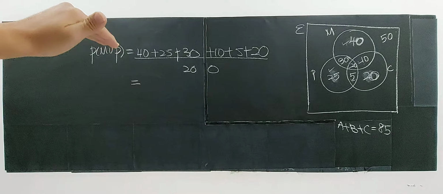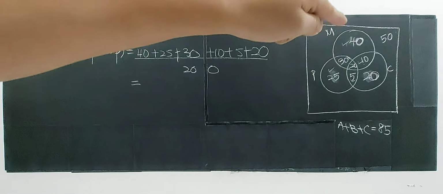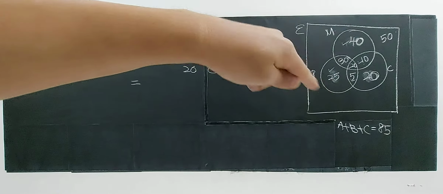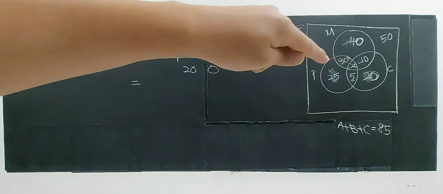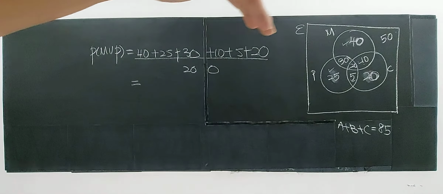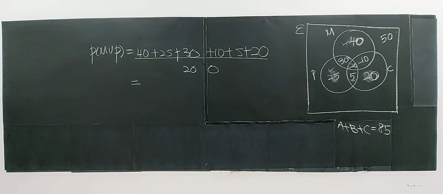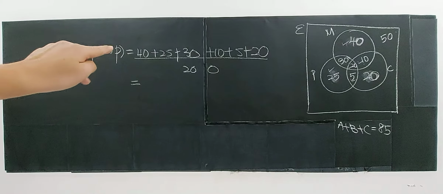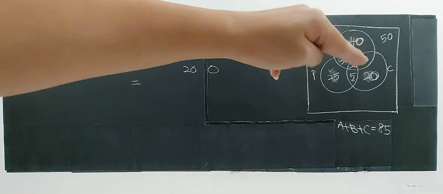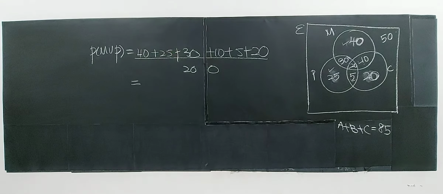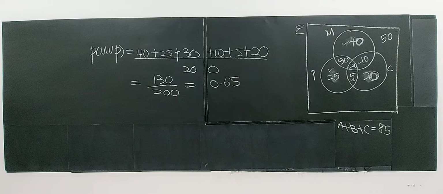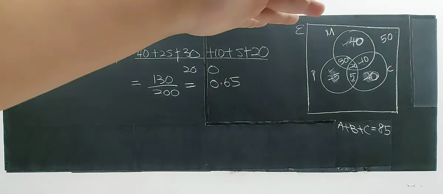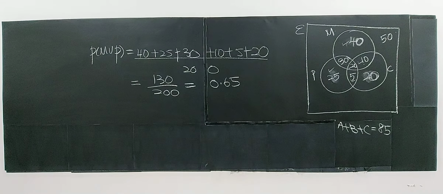When you say union of two events, you add up all the numbers of elements right here: 40, 10, 20, 30, 5, 25. When we talk about intersection, scoring in mathematics and physics, it means 30 plus 20 only. Let's calculate. The answer is 0.65, meaning 65% of students score either in mathematics or physics. That's the way we answer that.